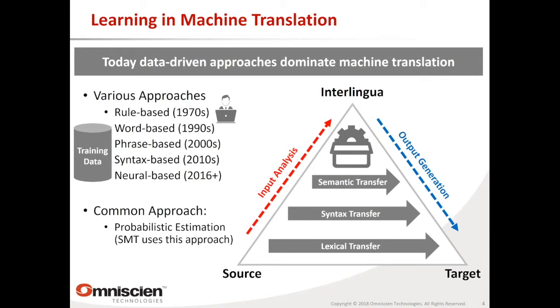The most common approach has been probabilistic estimation, and this is a diagram you'll see on the right-hand side of the screen that has been around for a long time. The key is to get from the source language to the target language, transferring semantic, syntax, and lexical information. So that starts from input analysis and then output generation on the other side. So this presentation today will go through how some of those things are achieved, both now and some of the future models.